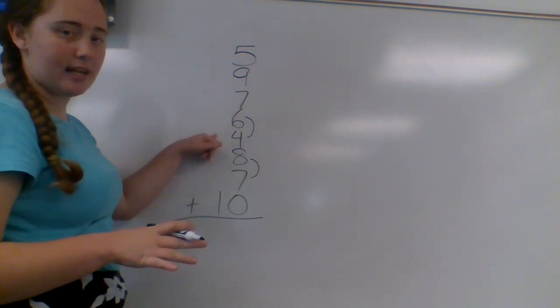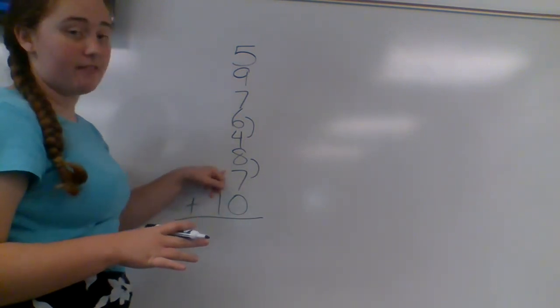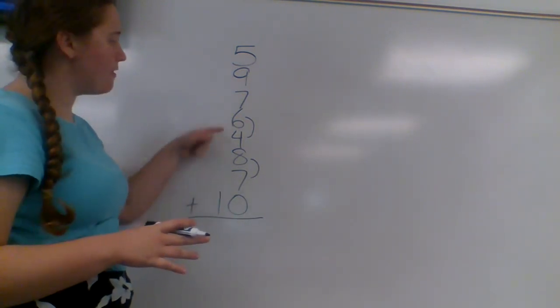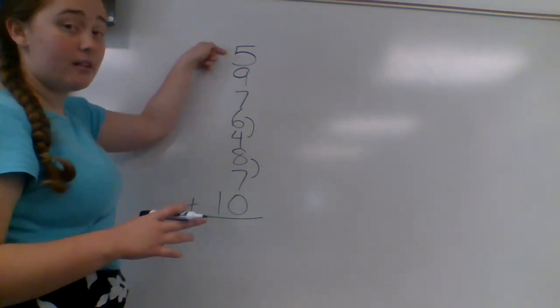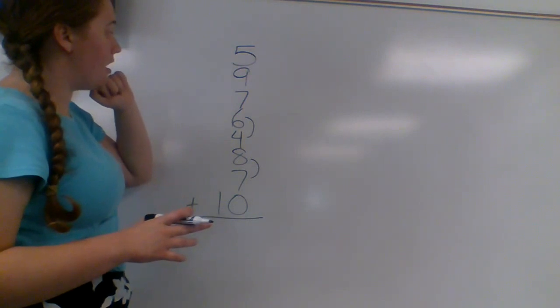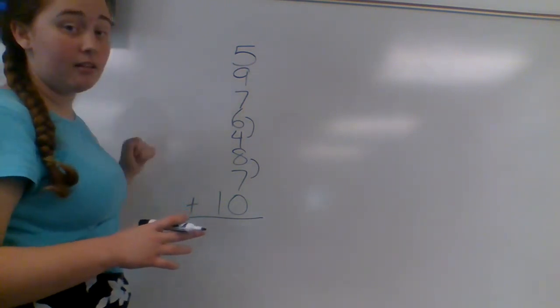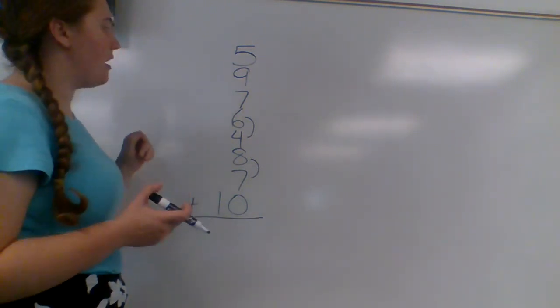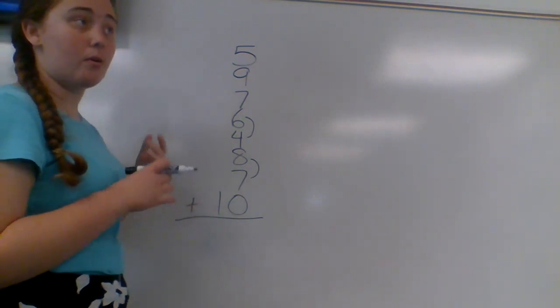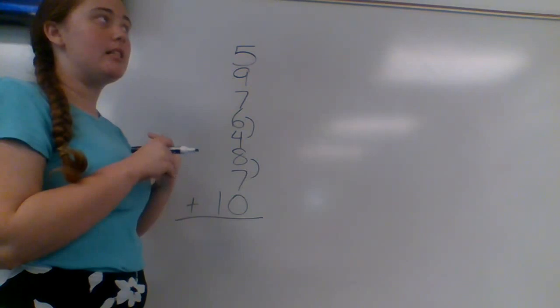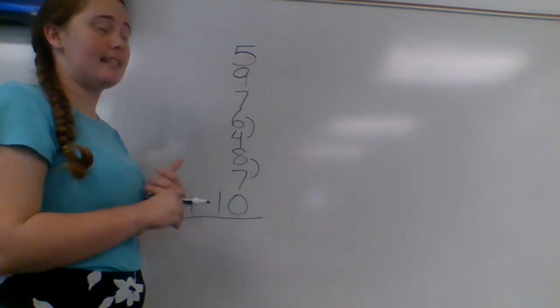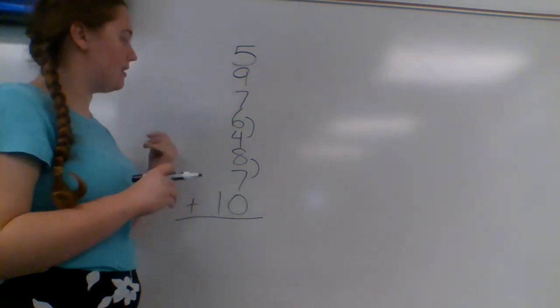So I know 6 plus 4 is 10. 8 plus 7 is 15, so 10 plus 15 is 25. So I know these numbers equal 25. Plus 5 is 30. 30 plus 9 is 39. And then I only have this 7 left, so 39 plus 7 would be 46.